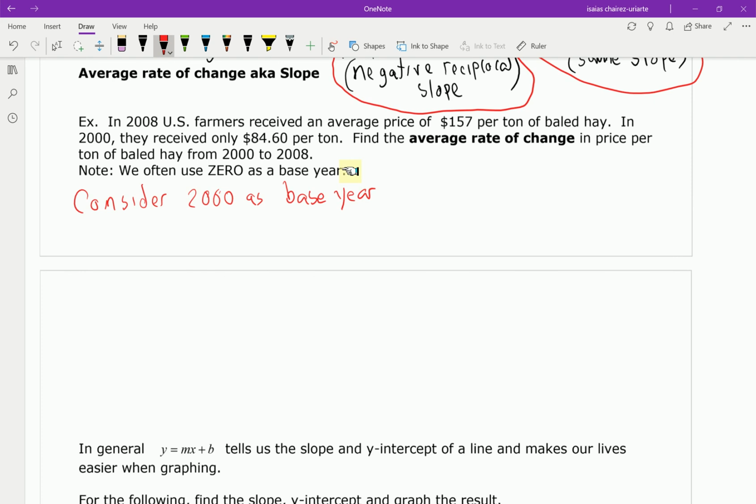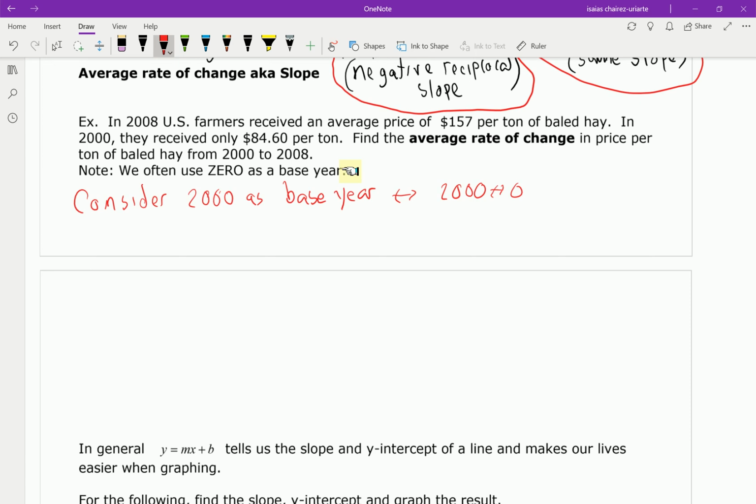Which means that pretty much we're going to say 2000 is kind of like 0 for us. This is kind of a weird situation here, but you know what I mean. I don't like this equal sign here. Let's just say it's equivalent. 2000 right now is equivalent to saying 0.